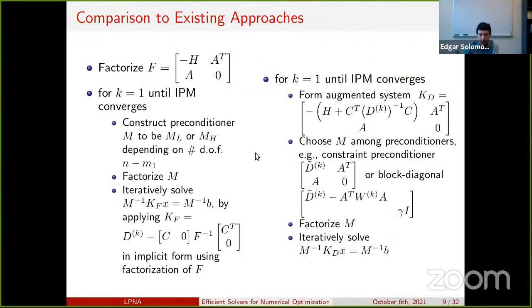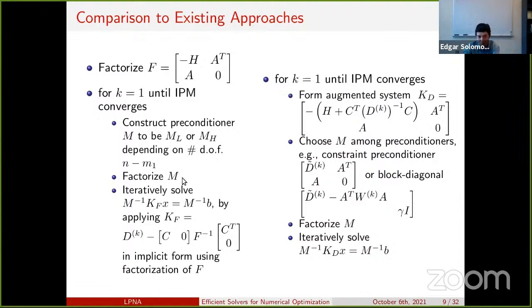Okay, so to summarize the high-level picture of these methods compared to standard approaches, we start with factorizing this matrix F before we start the interior point method. Then we proceed with interior point method iterations, and we construct a preconditioner that's either low degree of freedom or high degree of freedom, depending on the number of equality constraints in the original problem.